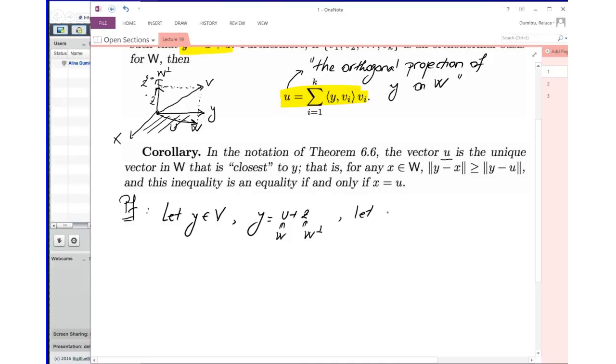And let x be another vector in W. What we have to show is that for any x in W, this inequality here holds. I want to show that the norm of y minus x is greater than or equal to the norm of y minus u.